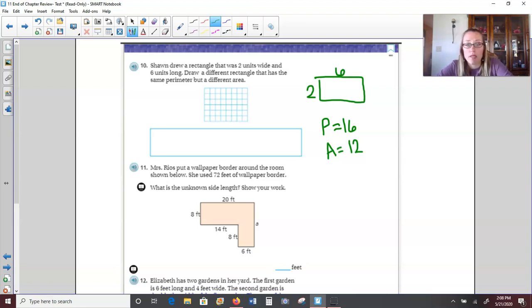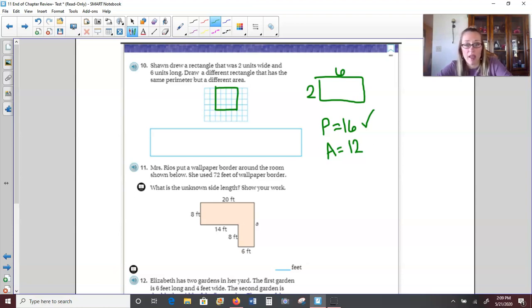So what if we did 4 units across the top, 4 units down the side, 4 units across the bottom, and 4 units up the other side. I chose that because I know 4 plus 4 plus 4 plus 4 equals 16, so that would get our perimeter.